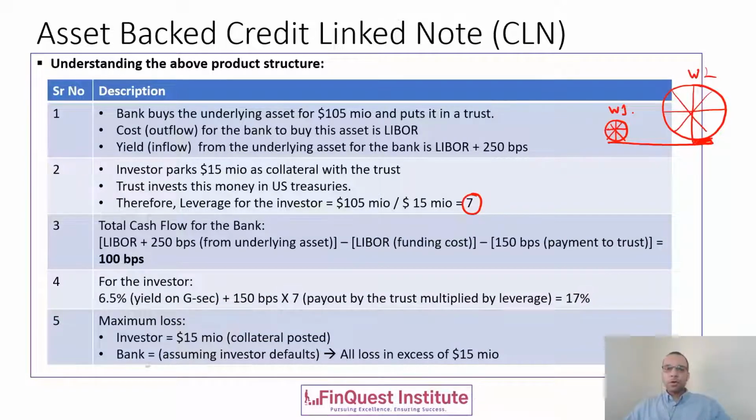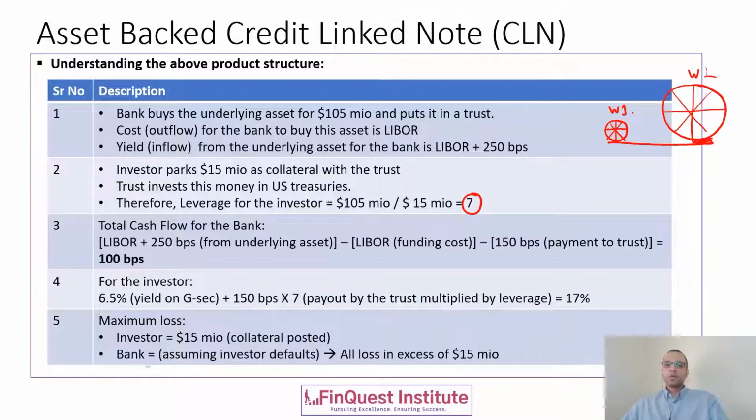Now, this is a very crude way of explaining leverage, but it's a very effective way. For those of you who are studying leverage for the first time, this will give you an immediate understanding of what leverage implies. So what we are doing here is we are making a very small investment, and through that small investment, we are getting a chance to enter into a very large position inside a derivative transaction.